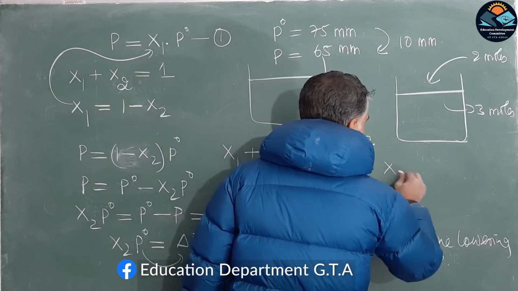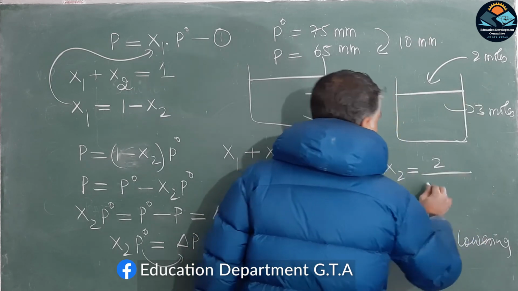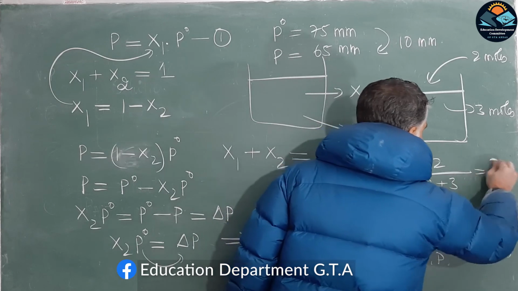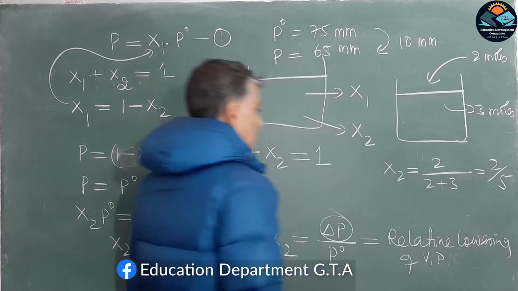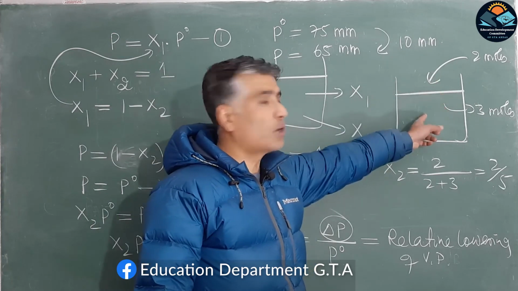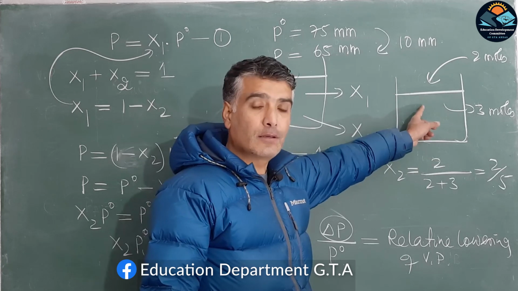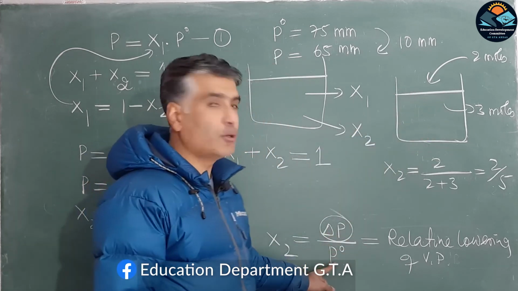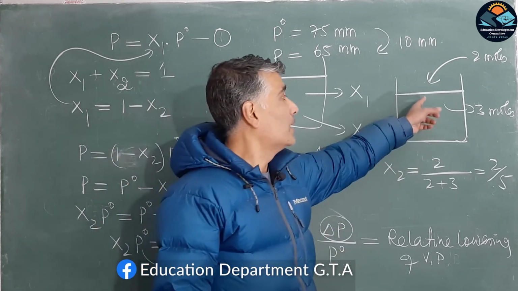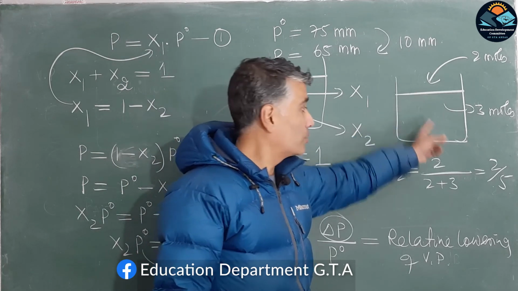It is the number of moles of solute, 2, divided by the total number of moles, 2 plus 3, which is 2 by 5. Because I've added 2 moles of non-volatile, non-electrolyte solute, its vapor pressure decreases. That decrease in vapor pressure divided by the original vapor pressure, also known as the relative lowering of vapor pressure of this liquid, is going to be 2 by 5.